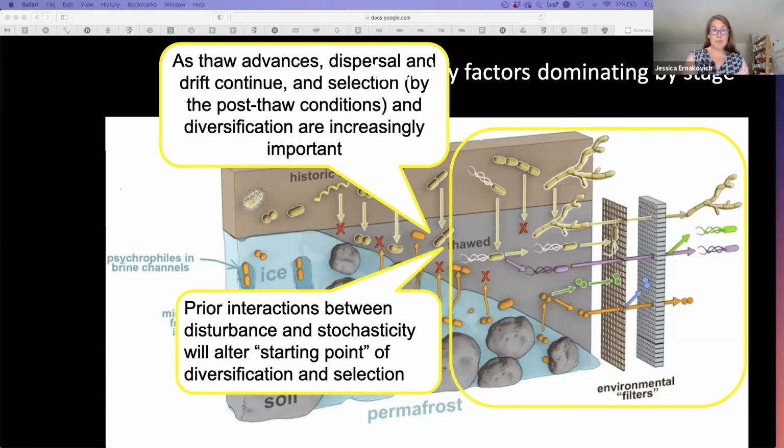But those prior interactions between disturbance intensity and stochasticity are going to affect that starting point of diversification and selection. And that might lead to something Hannah mentioned in the chat earlier in the week: alternate stable states is a big question I have about post-thaw assembly of microbiomes.